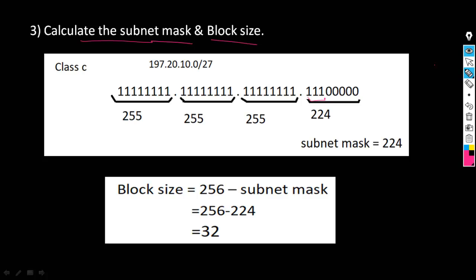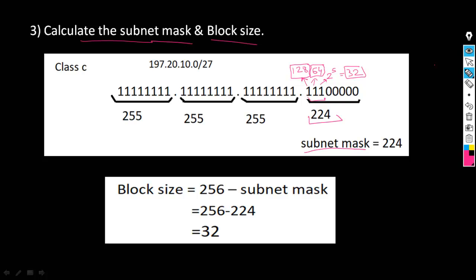If you convert it into decimal format, 2 to the power 5 equals 32, 2 to the power 6 equals 64, and 2 to the power 7 equals 128. If you add these values, 128 plus 64 plus 32, you will get 224. So 224 will be our subnet mask.